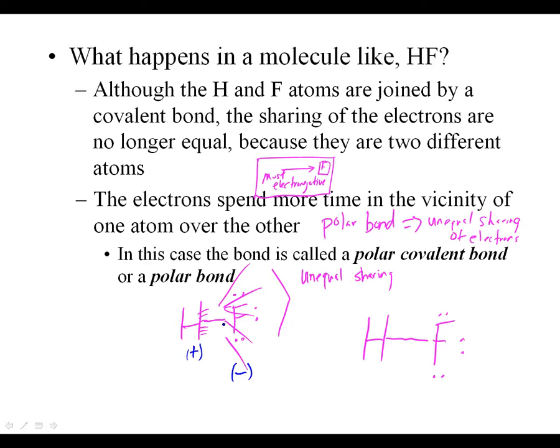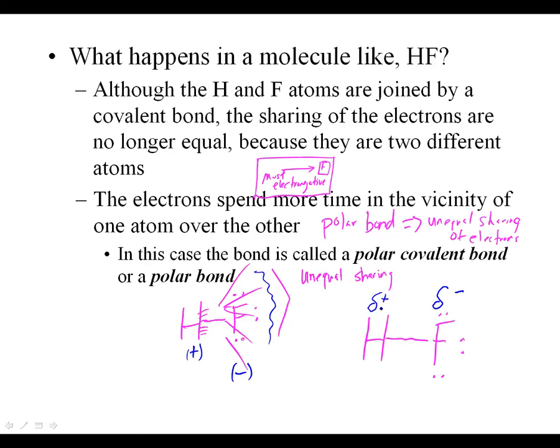What that creates on something like HF is what is referred to as a partial negative charge. That little symbol there is the delta symbol. So a partial negative, and it creates a partial positive charge on the hydrogen in this case.